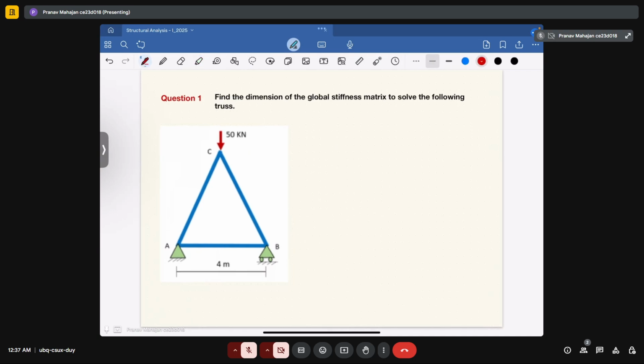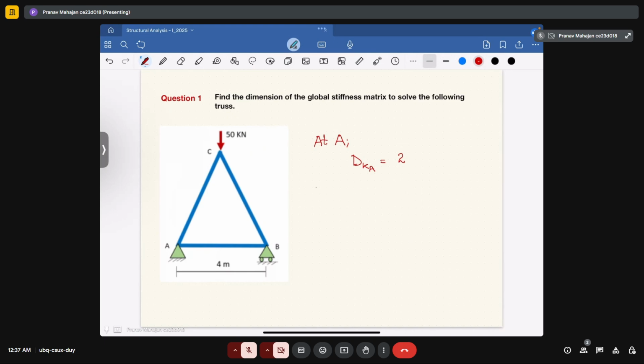So in this, at A, your DK at A is 2. I think by this time you know how to determine the degree of freedom of a structure.